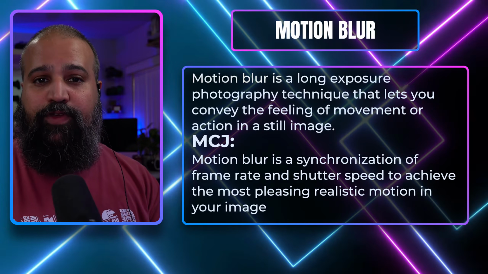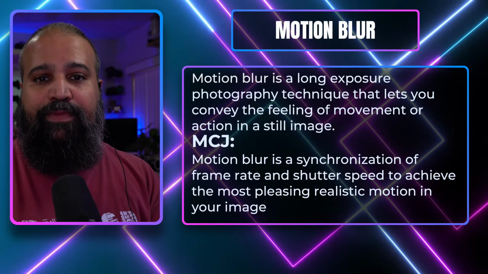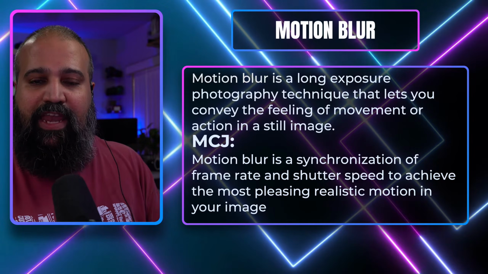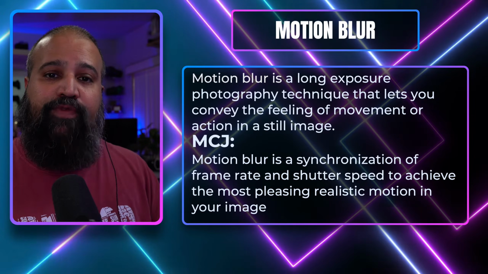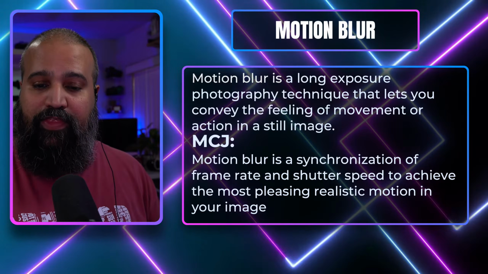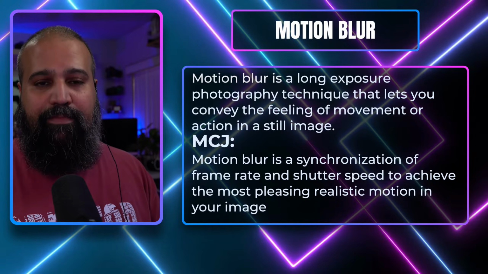And if you were to double 24, you would get 48, and 1/50th would be the closest thing that you can get as far as a shutter speed in these hybrid cameras to represent your shutter angle to get the most pleasing motion blur in your imagery.